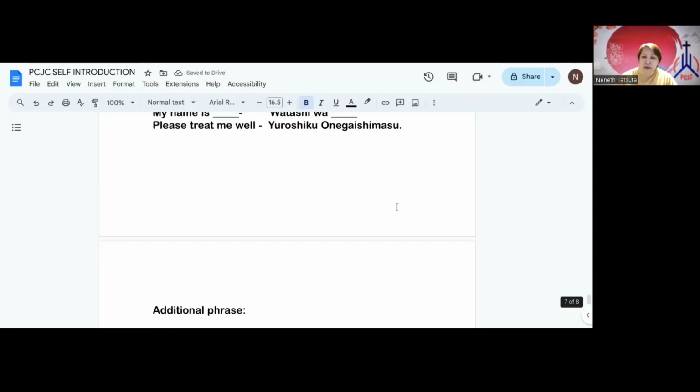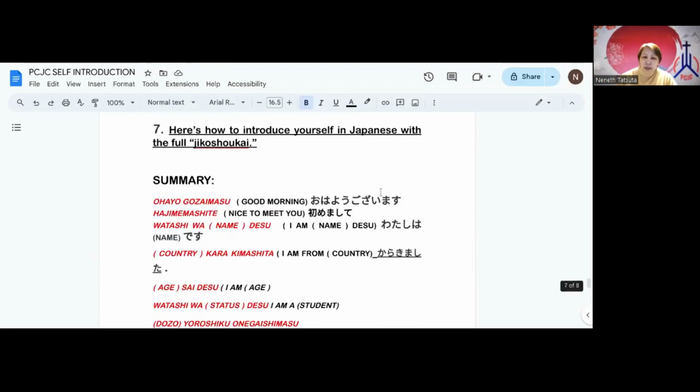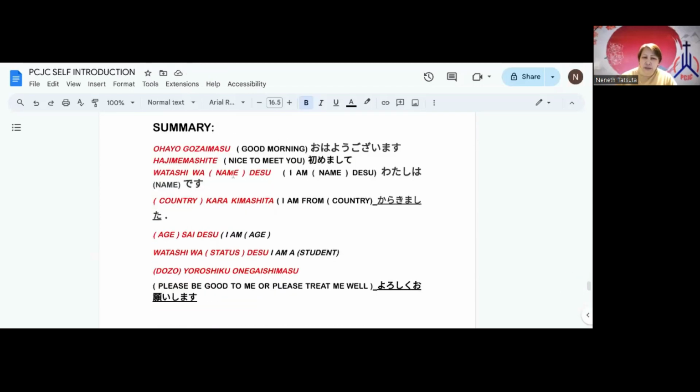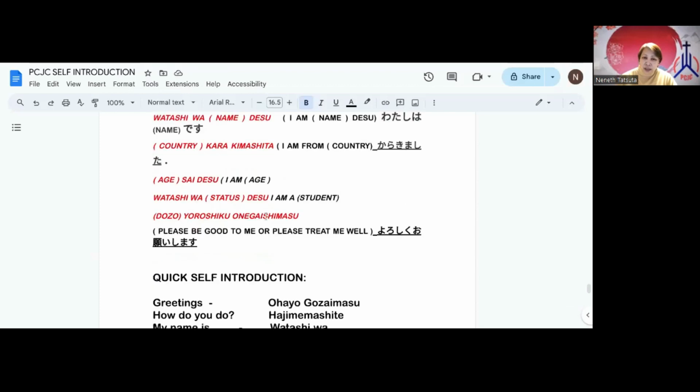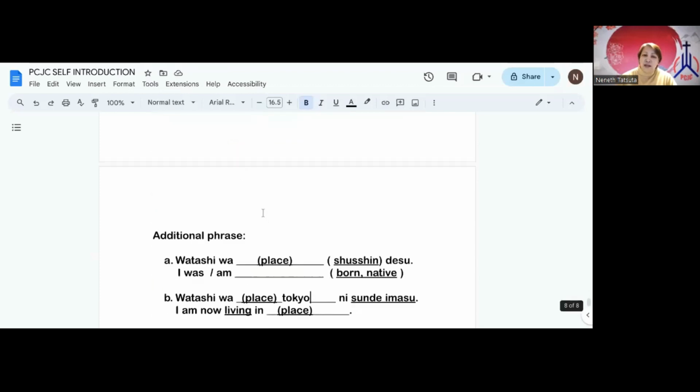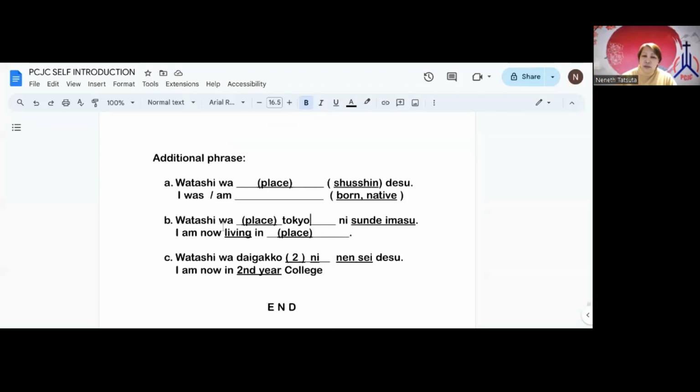So your summary would be: ohayo gozaimasu, hajime mashite, watashi wa Tatsuta Neneth desu. Lahore shushin de Pakistan kara kimashita. Ima Tokyo ni sundeimasu can also be added. It depends on you. I am now living in Tokyo. Sundeimasu.